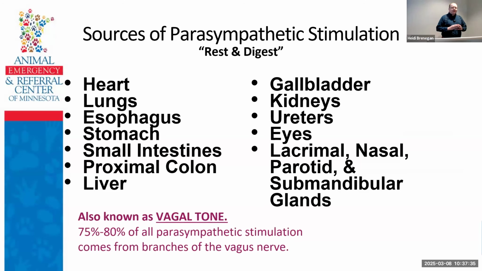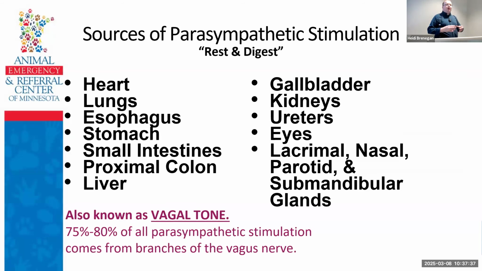So about 75 to 80% of all parasympathetic stimulation occurs through the vagal nerve, and that's why they become sort of synonymous. If you want to be specific, you'll say parasympathetic tone, but if you say vagal tone, it's understood to be the same thing. So the vagal nerve innervates most of the central part of the body and the head and neck.